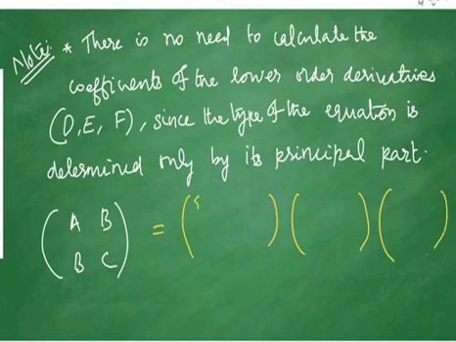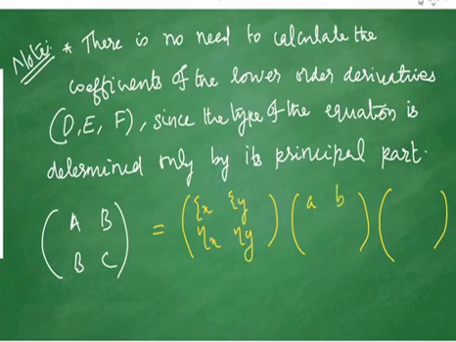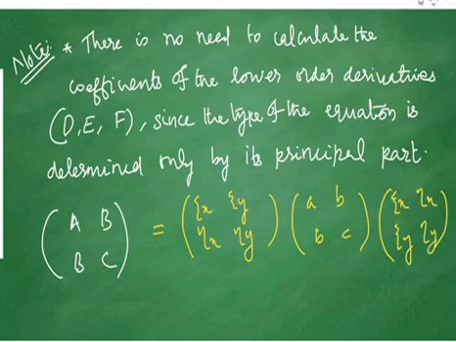The first matrix being theta x, eta x, theta y, eta y, and the second matrix is similar, A, B, B, C in small letters, and the third matrix is theta x, theta y, eta x, eta y. This you can verify. Okay, so verify that this happens.